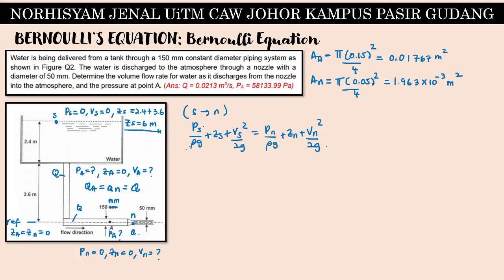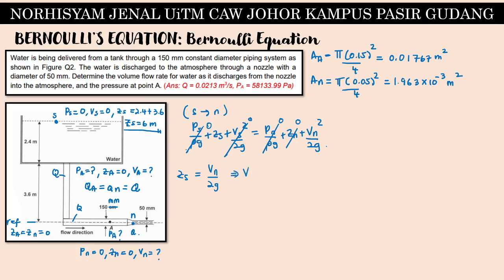So PS is cancelled out, 0. Vs is 0. Pn is 0. Zn is 0. So we want to find out Vn. Vn squared over 2G is equal to Zs.